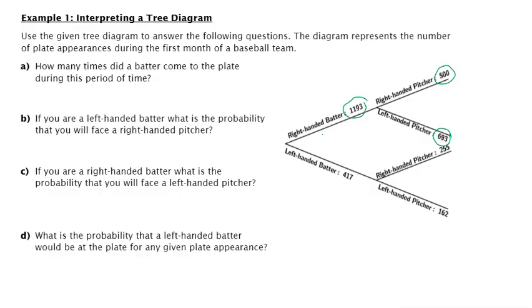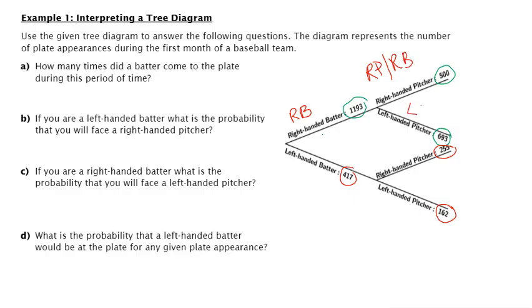Of the left-handed batters, there were 255 that had a bat against a right-handed pitcher versus a left-handed pitcher. So if I was to call this my right-handed batter, when you branch it out, this would be like having a right-handed pitcher given they were a right-handed batter.